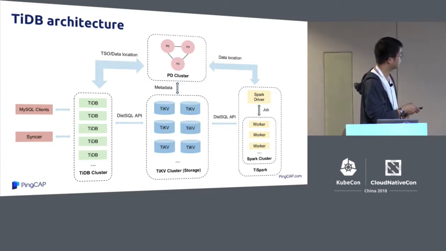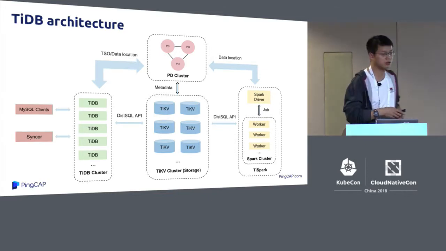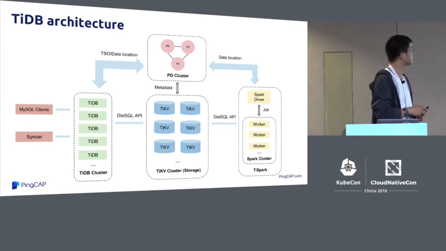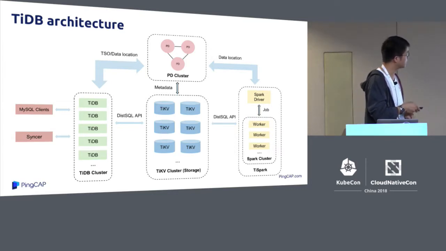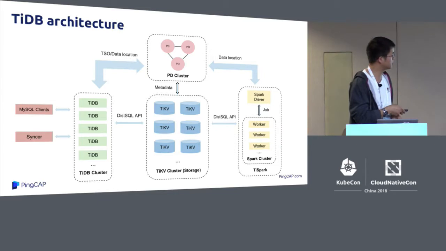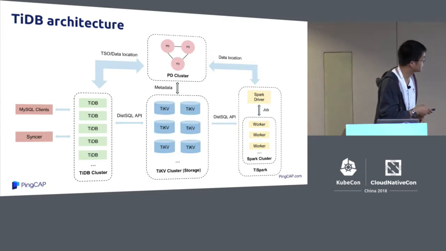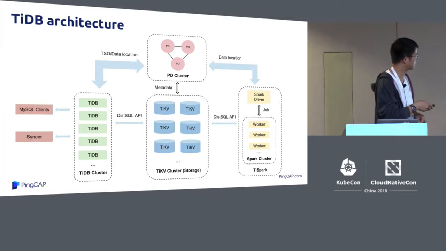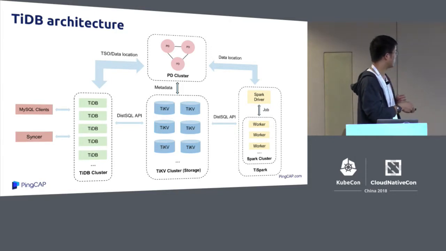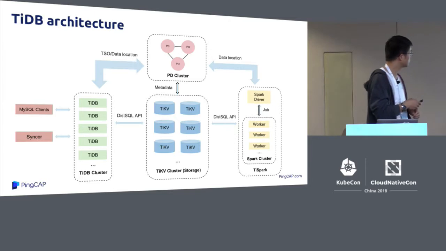And TiDB is a hybrid transactional analytical database, the HTAP. For the AP part, it uses Spark. Spark talks directly to TiKV without using JDBC to talk with TiDB, so it avoids the overhead of the SQL layer.